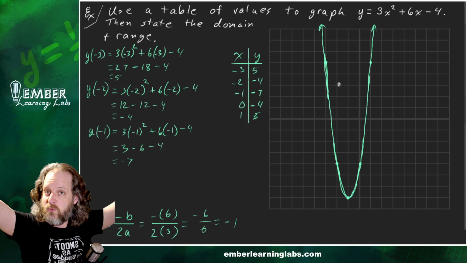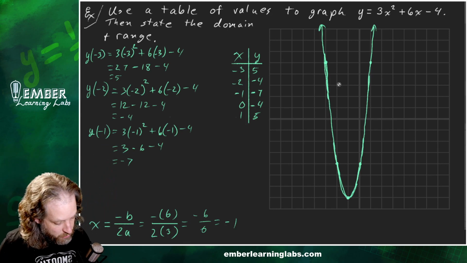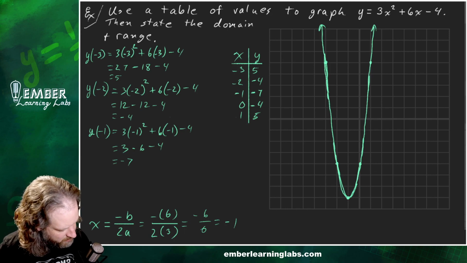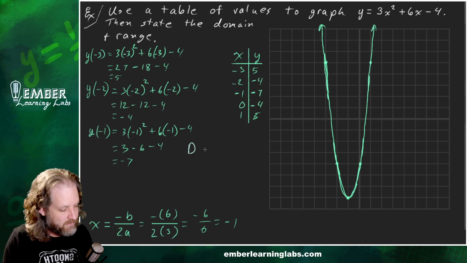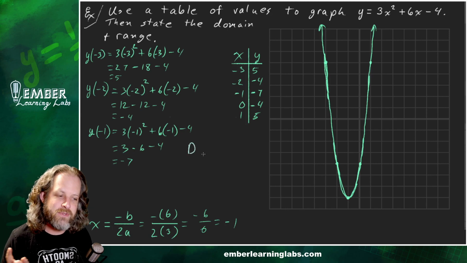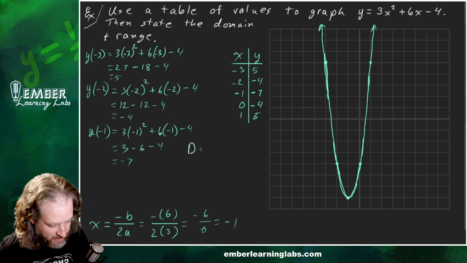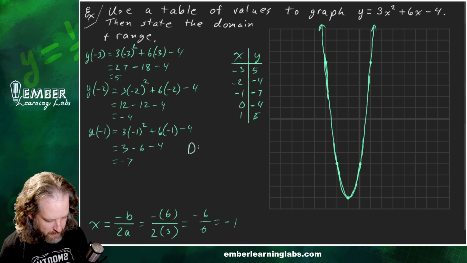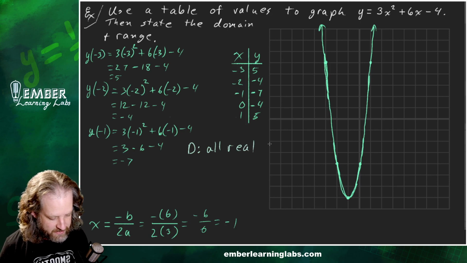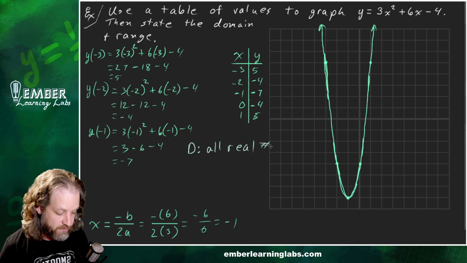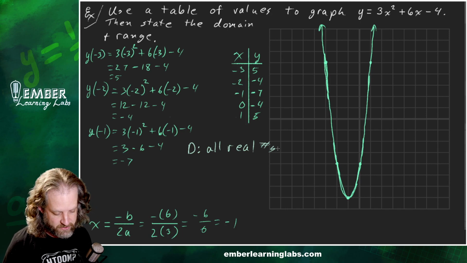So the domain of any parabola, unless it's a real world problem, as you'll see in the last example we do today, is going to be all real numbers. There are a lot of different ways to write that, like interval notation or set builder notation, but this is good enough for now.